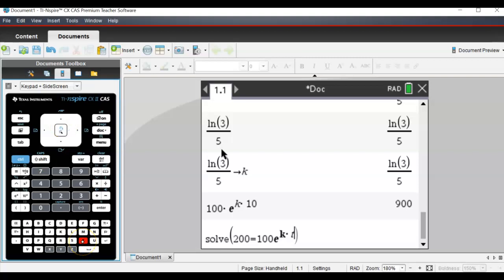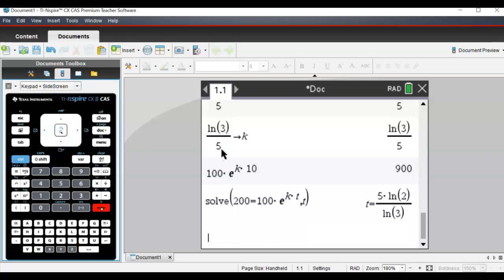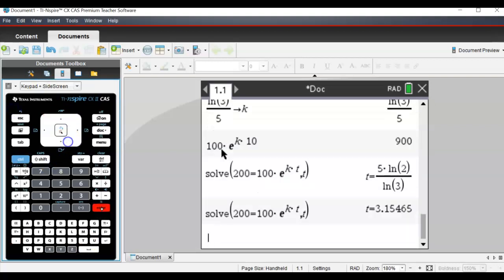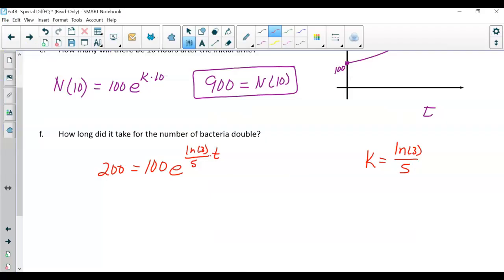I'm going to put t in there, arrow over, and say please solve for t. I hit enter, and it's given me a gross one. If I want the decimal, then I hit control approximate, and I get about 3.155 hours.